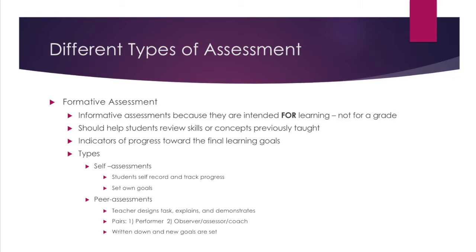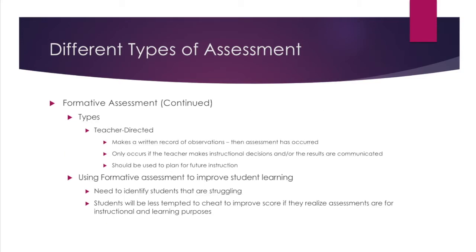And so one student's performing, one student is either observing, one is assessing, one's coaching. You could have one performing, one videotaping, one giving directions. So essentially, it's however you want it to be done, but it can be done with peer assessments. It is key that it's written down and new goals are set once the assessment takes place.